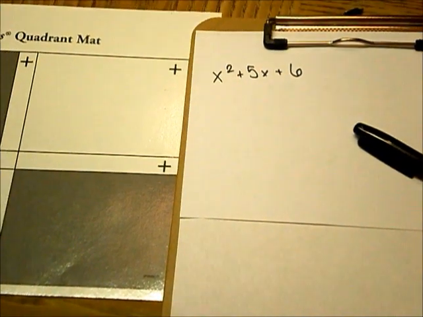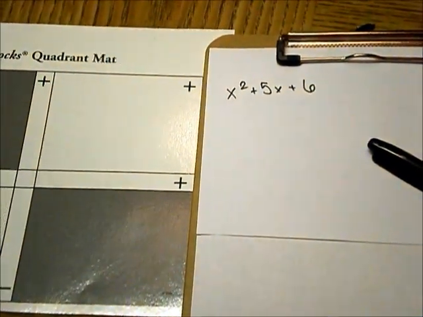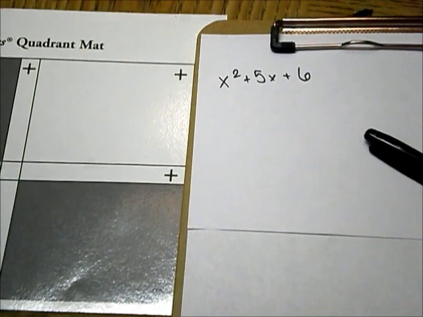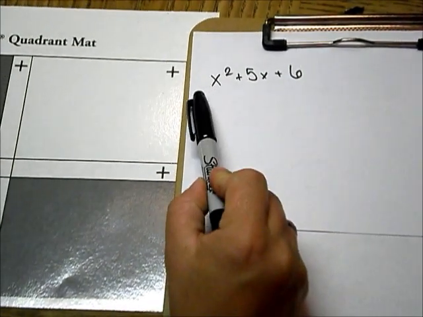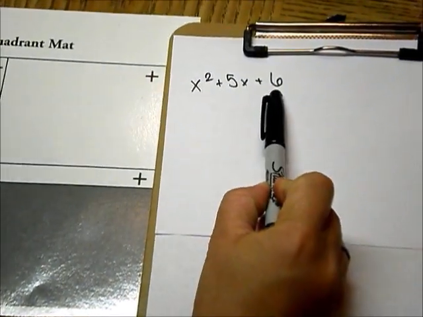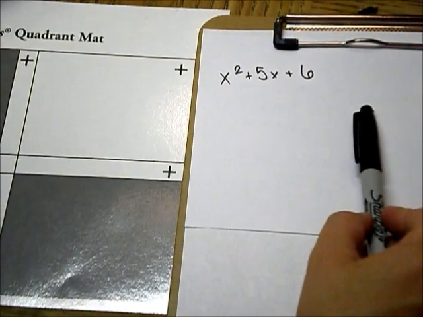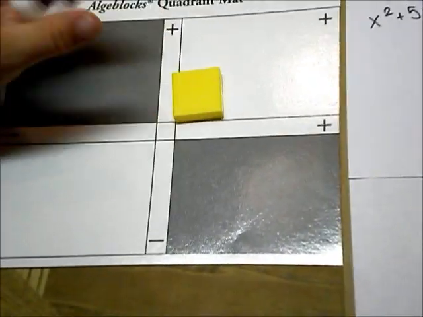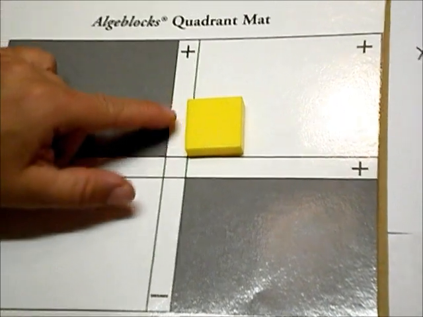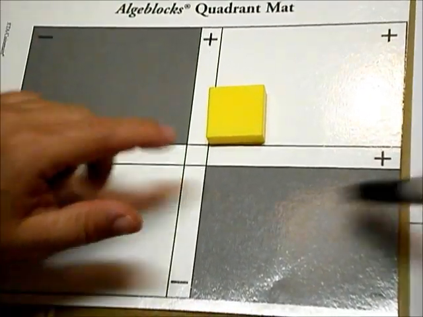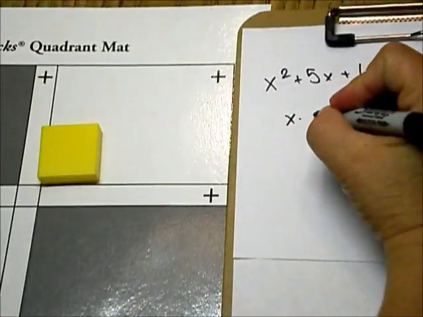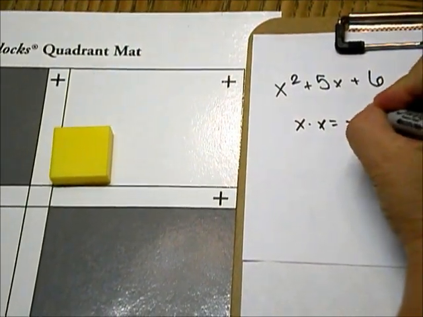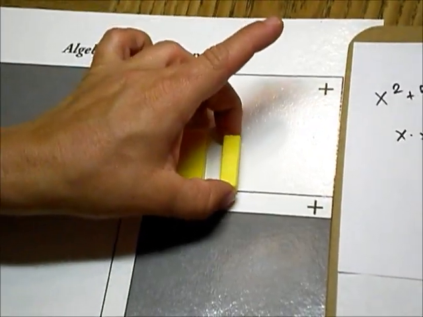When factoring algebraic trinomials, it works much in the same way. For example, let's investigate the trinomial x squared plus 5x plus 6 with Algeblocks. The yellow square piece will be the x squared. It has a length x, and x times x is equal to x squared. The yellow sticks are also length x, but with width 1.